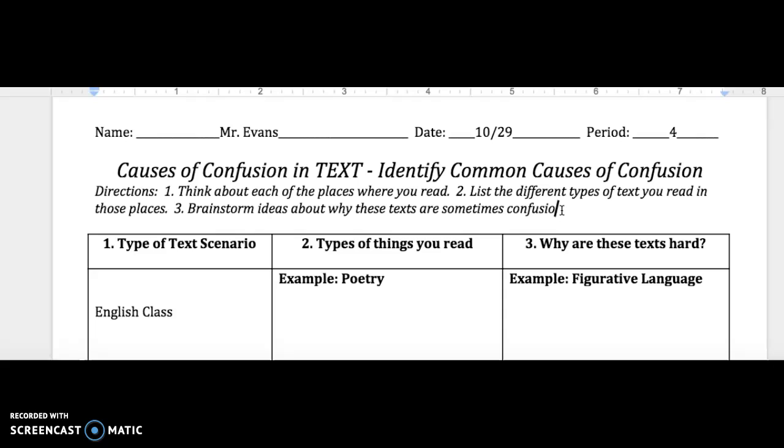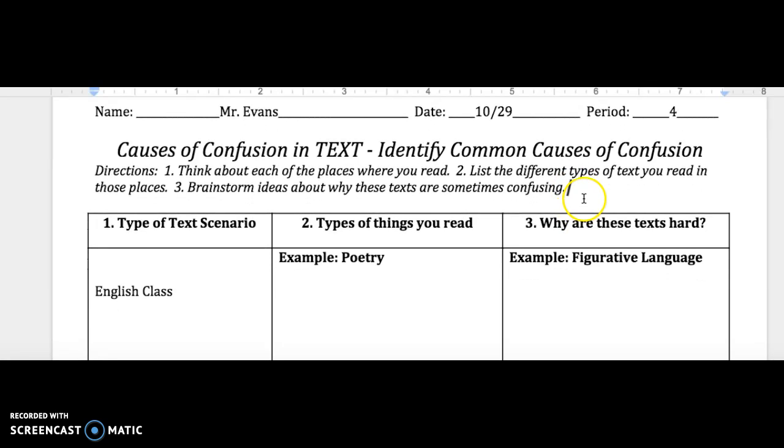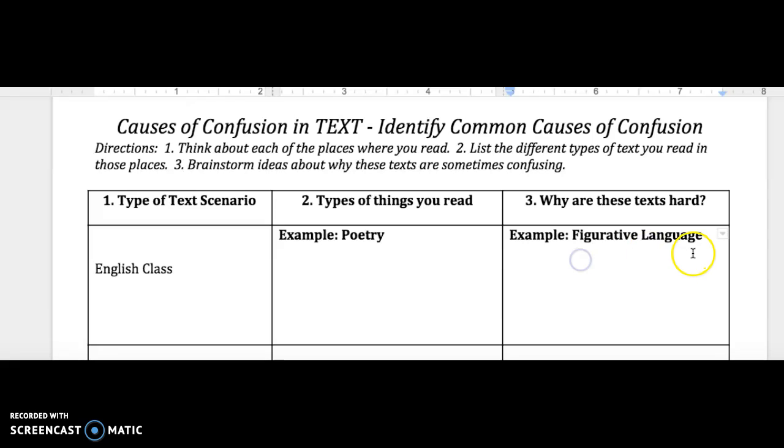So I noticed that that's misspelled, so I'm going to fix that real quick. And that's a common cause of confusion, misspelled words. So maybe we could already put that down here. Misspelled words.